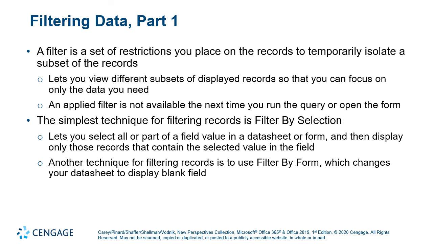One way to do it is to use the datasheet's filter by selection. You can select some field values, and then the records that have those values in those fields will be displayed.